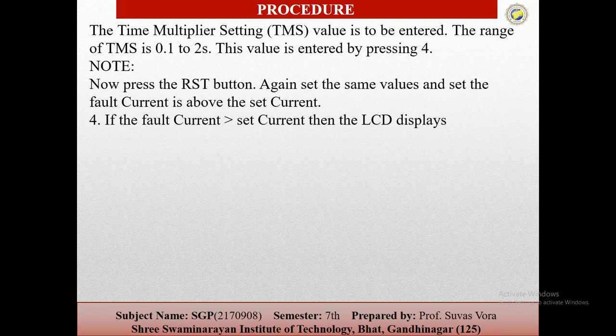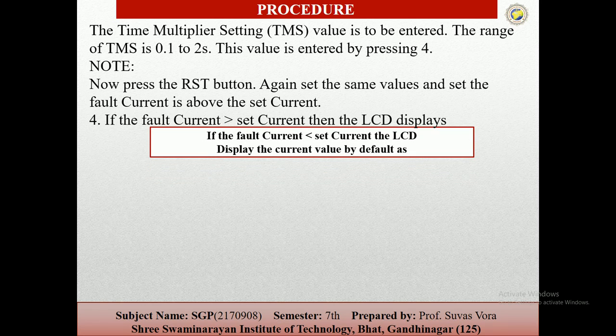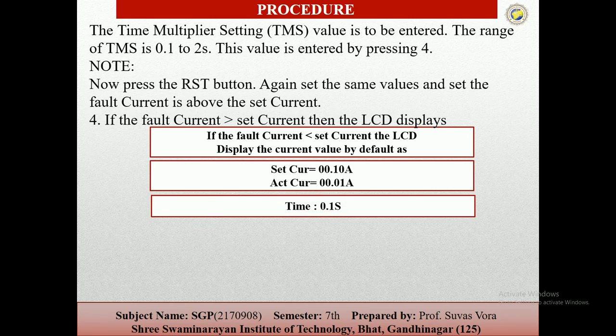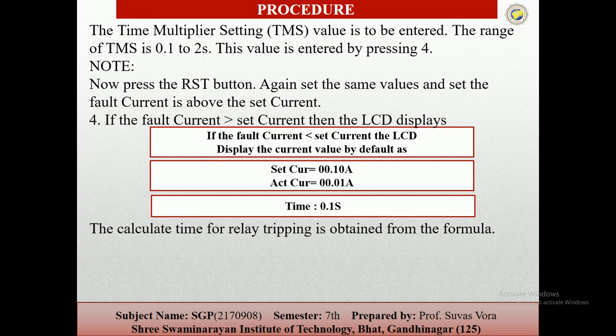So if the fault current is greater than the set value, the LED display shows it; otherwise the display shows the current value by default. So the set current is 0.1 and the actual current is 0.01 and time is 0.1 second. Now we have set it.